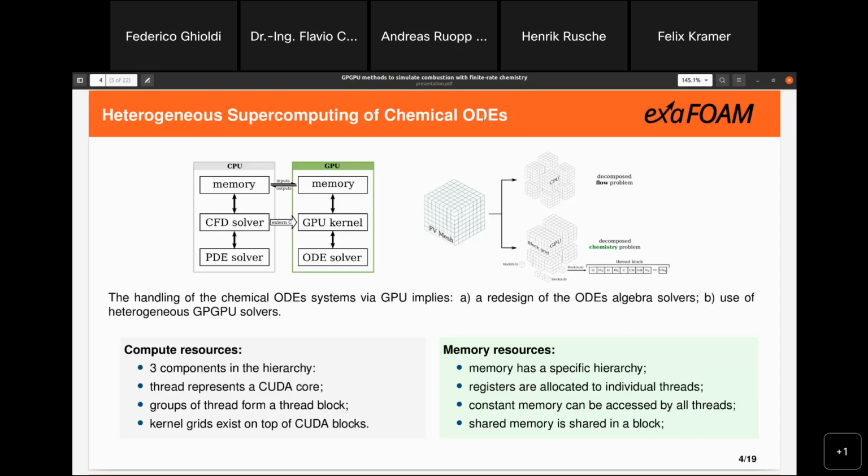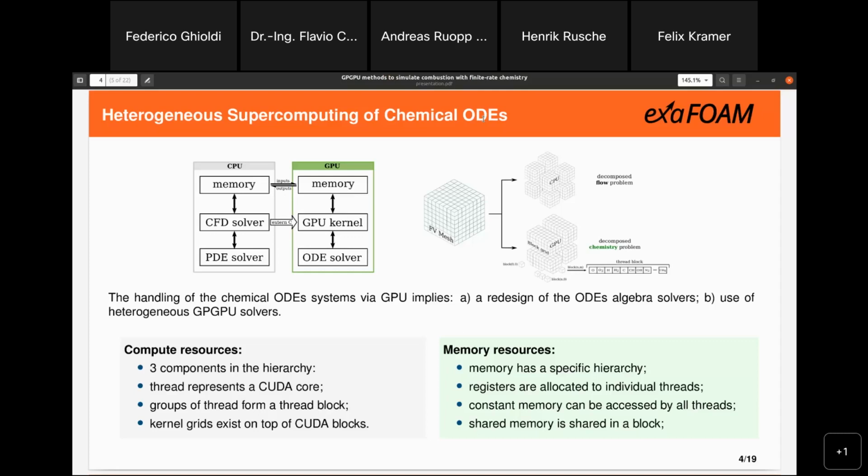So what you have right now is that the ODEs are solved in serial for every single cell on the CPU, and every single chemical species inside of every single cell is handled in serial on the CPU. What instead we do is to exploit the architecture of the GPU to produce a double parallelization. We solve multiple cells concurrently on the GPU, as CUDA blocks.